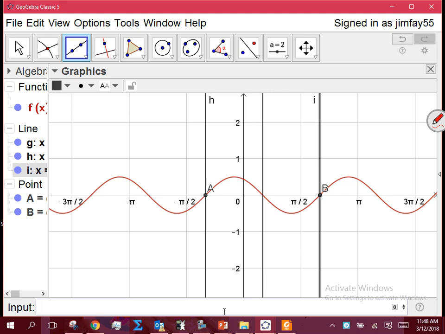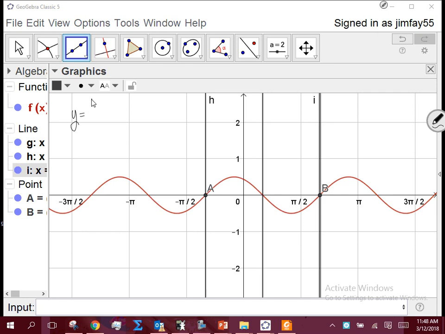But the whole purpose here is to show you that now if I've found those asymptotes, I've got these maximums and minimums here. My overall goal was to graph, I've deleted it, but let me recall what it was. It was y equals 1/2 secant of 2x plus pi over 6.